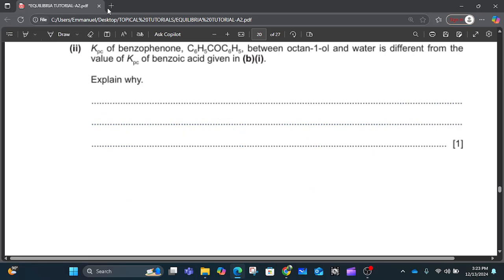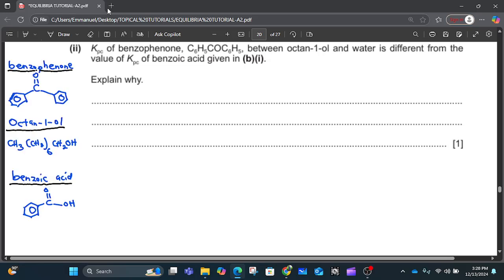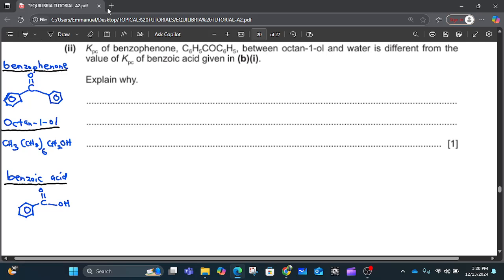II. The KPC of benzophenone, C6H5COC6H5, between octan-1-ol and water is different from the value of KPC of benzoic acid given in B I. Explain why. When you look at the structure of benzophenone, you can see that benzophenone is more non-polar than the structure of benzoic acid.